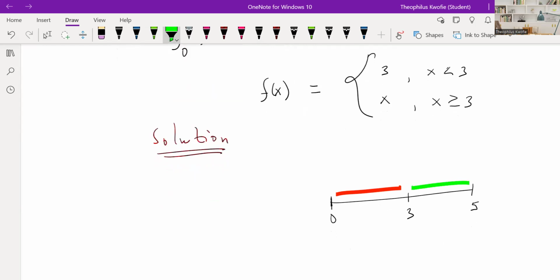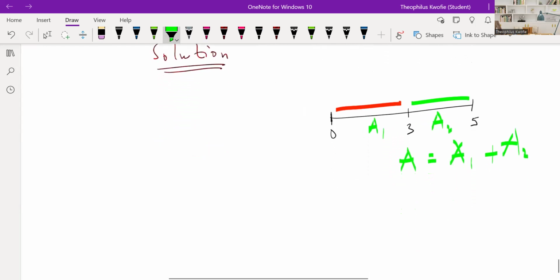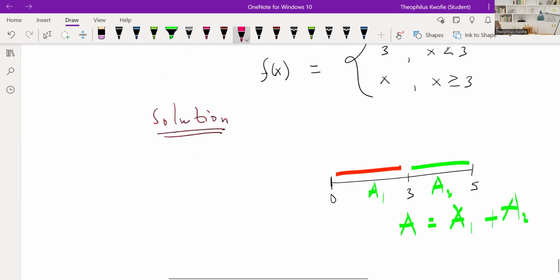Is that okay? So we are going to have area 1 and then area 2. Then we add them. So the entire area is just going to be area 1 plus area 2. Very, very important. So let's take note of that.